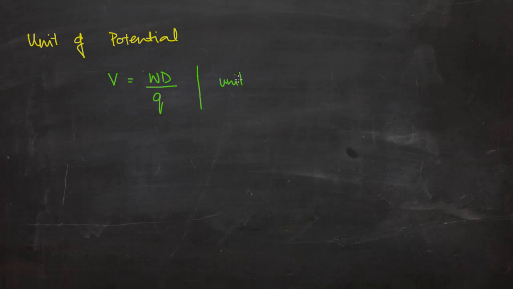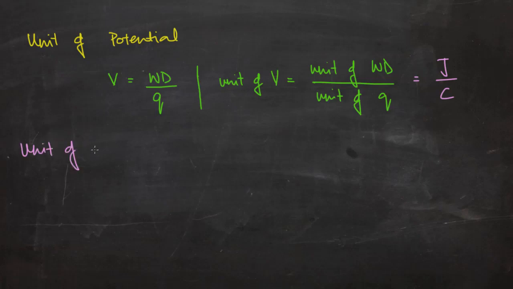The unit of V, that is potential, would be the unit of work done divided by the unit of charge Q. This is a no-brainer. The unit of work done is joule and the unit of charge is coulomb. Therefore, we say that the unit of potential is joule per coulomb or joule coulomb inverse.